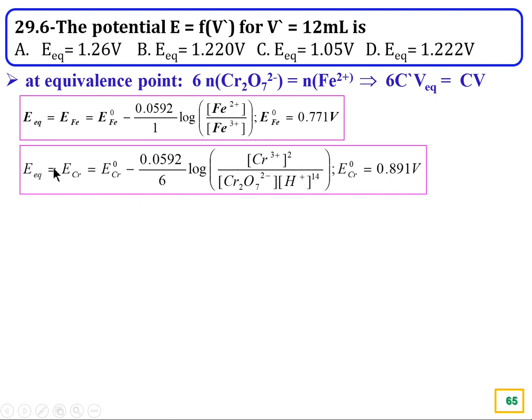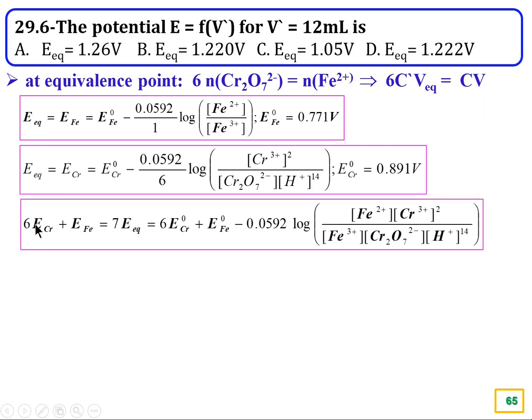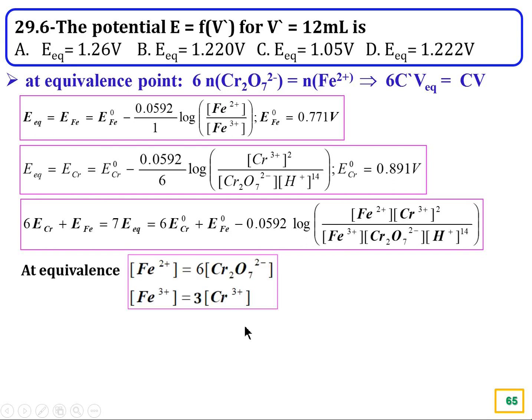So we multiply E of the chromium by 6 and we add it to E of Fe. So we obtain 6E plus E. So in total 7E equals 6E0 chromium plus E0 Fe minus 0.0592 log ratio of concentrations.